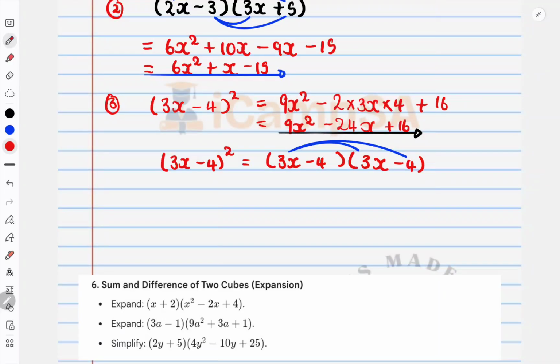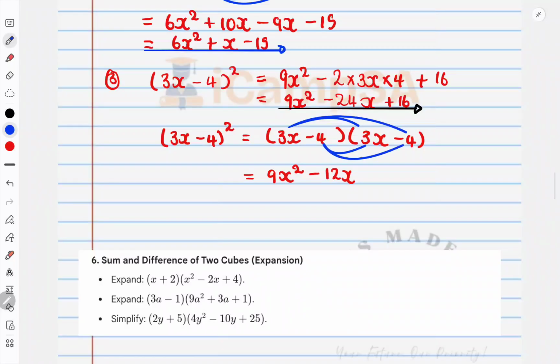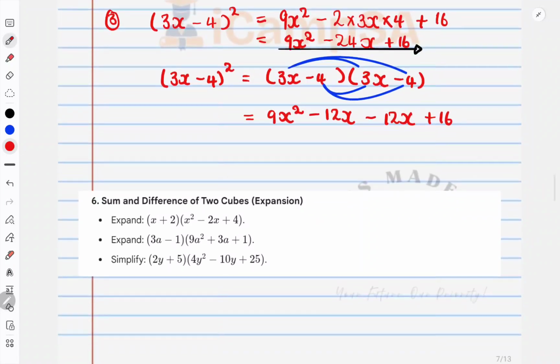First term, 3x multiplied by 3x will be 9x squared. 3x multiplied by negative 4 will be minus 12x, and then we deal with the second term: negative 4 multiplied by 3x will be negative 12x. Negative 4 multiplied by negative 4 will be positive 16.